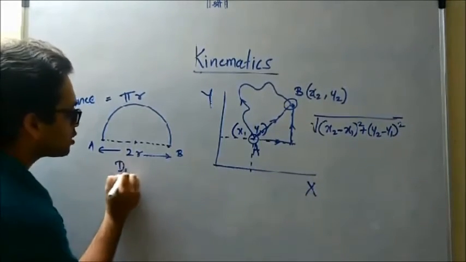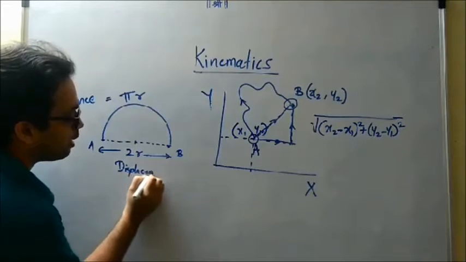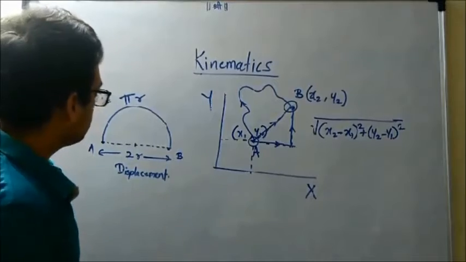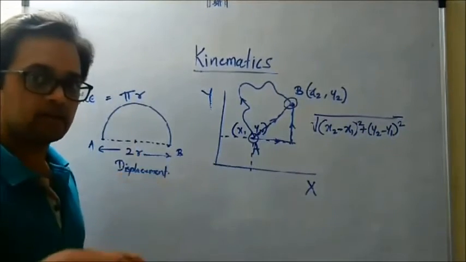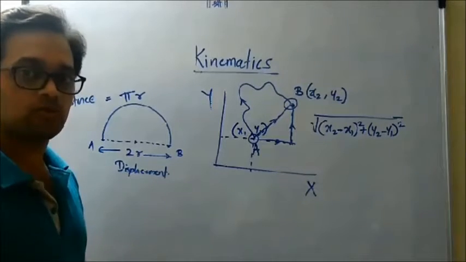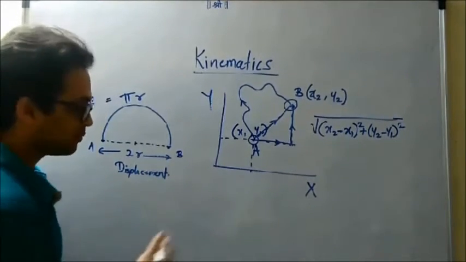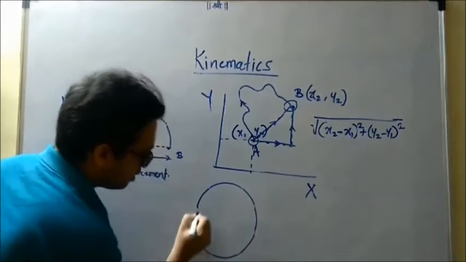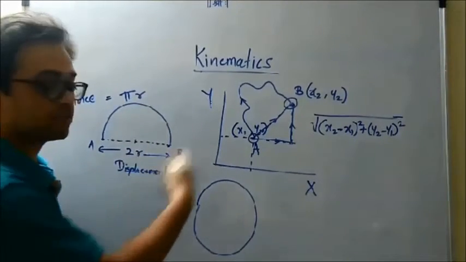That is my displacement. Now can you tell me a case where distance is there, it's some numerical value, but the displacement is not there, it's 0? Can you tell me one such case? I'll draw it. It's the extension of this circle, the full circle.